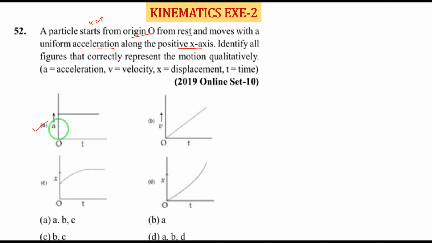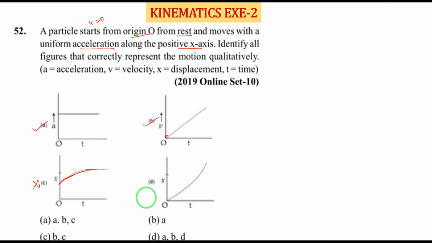Constant acceleration, so A is correct, starting from 0 velocity, and it will be a straight line, V equals to U plus AT, so B is also correct. C is not correct because it is showing the retardation, right? It is showing the retardation and then it is becoming constant, which is not the case.